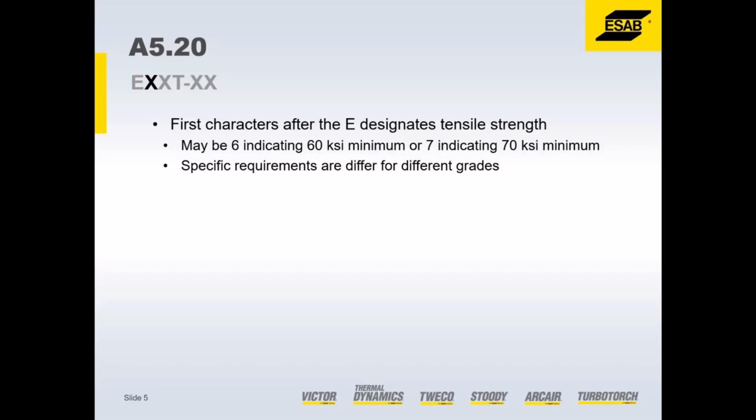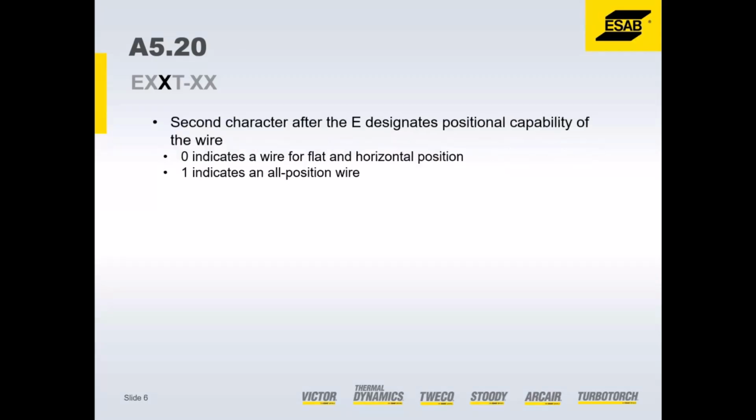And then the first digit is going to be your tensile strength. So 6 would be 60 ksi, 7 would be 70 ksi, 8 would be 80 ksi. The next digit is going to be the position. So unlike stick and solid wire, the next 0 is not just part of the tensile strength.